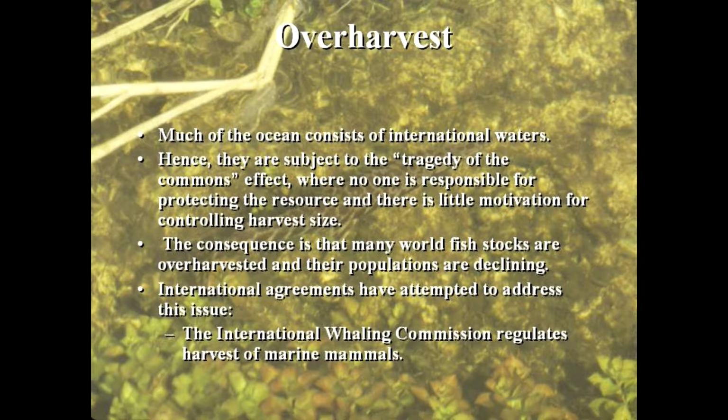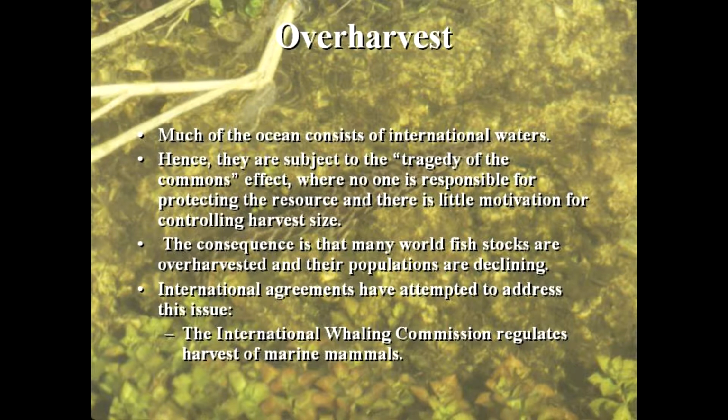And we are indeed seeing this with a variety of different marine species. And to be sure, there have been a number of regulations passed to control harvest and to set limits for harvest. But because much of the ocean is in international waters, it's a free-for-all.